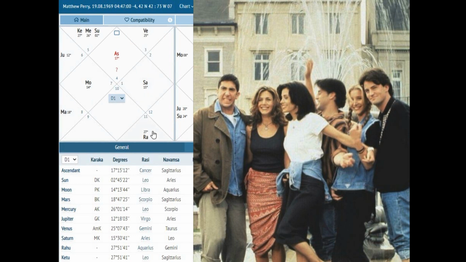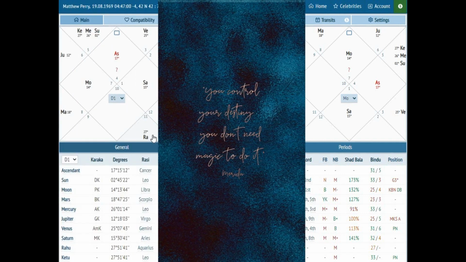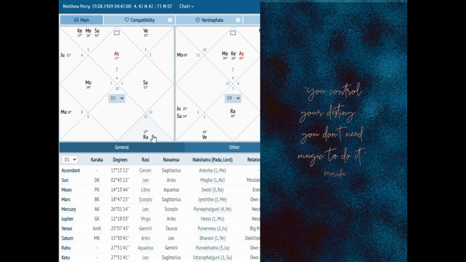What else I can say is about this planet Rahu. Rahu is a kind of planet that stands for our karmic destiny, what we have to do in this life, what is our main purpose here, what we came here to achieve.